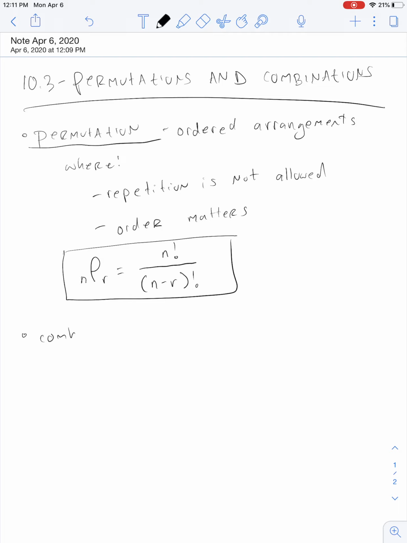Right, and then we have combination. Combination has a kind of similar definition to permutation with an exception here. It's an ordered arrangement where, just like permutation, repetition is not allowed.